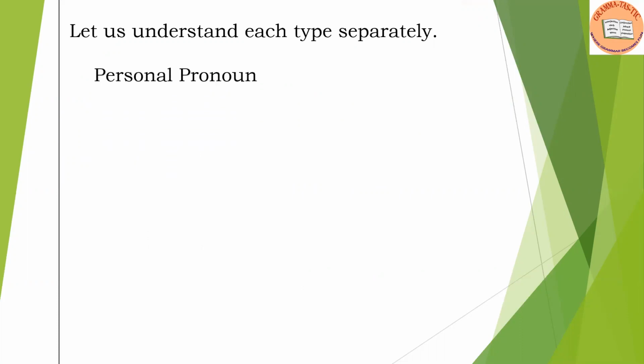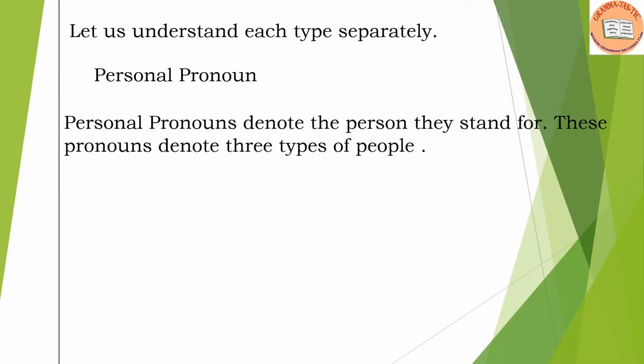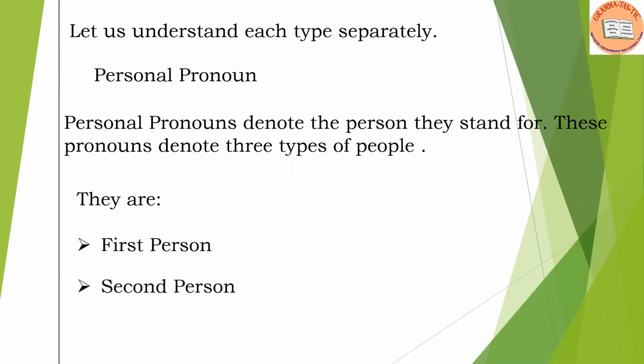First, let us start with the personal pronouns. Personal pronouns denote the person they stand for. These pronouns denote 3 types of people. They are first person, second person, and third person.